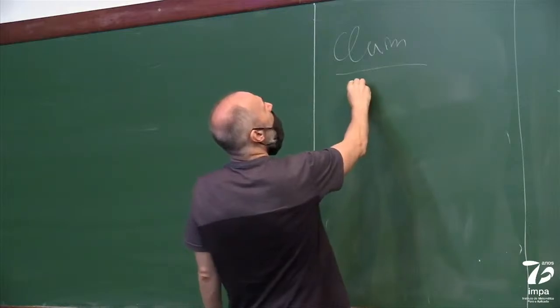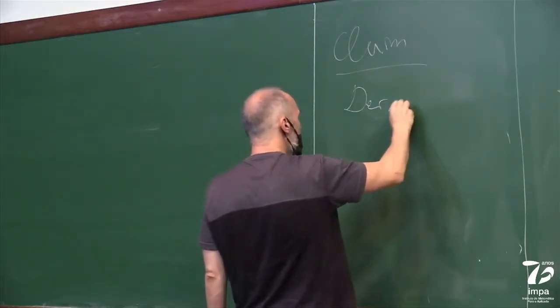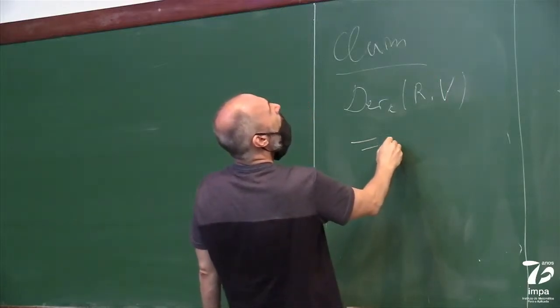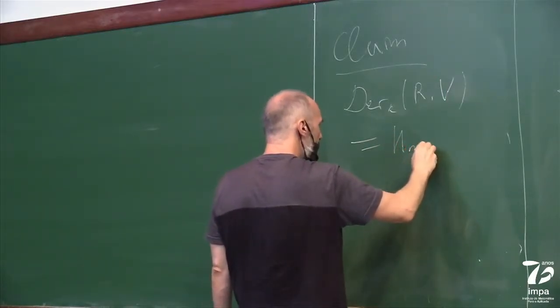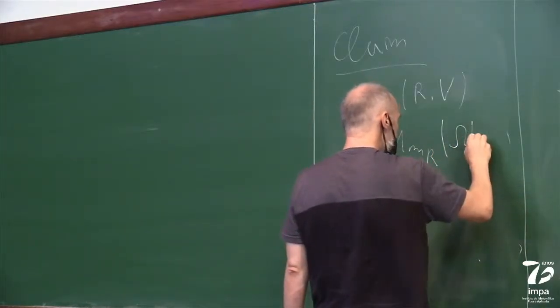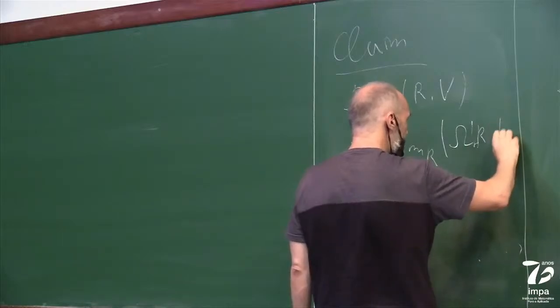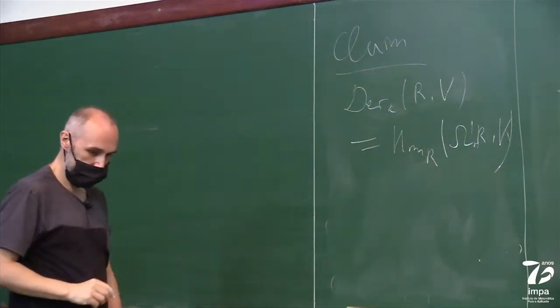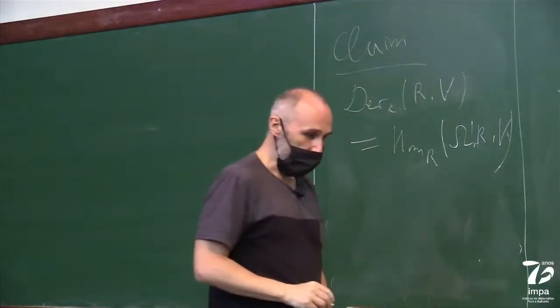Derivations over k from R to V equal Hom over R from scalar differentials to V. So it's like a dual.